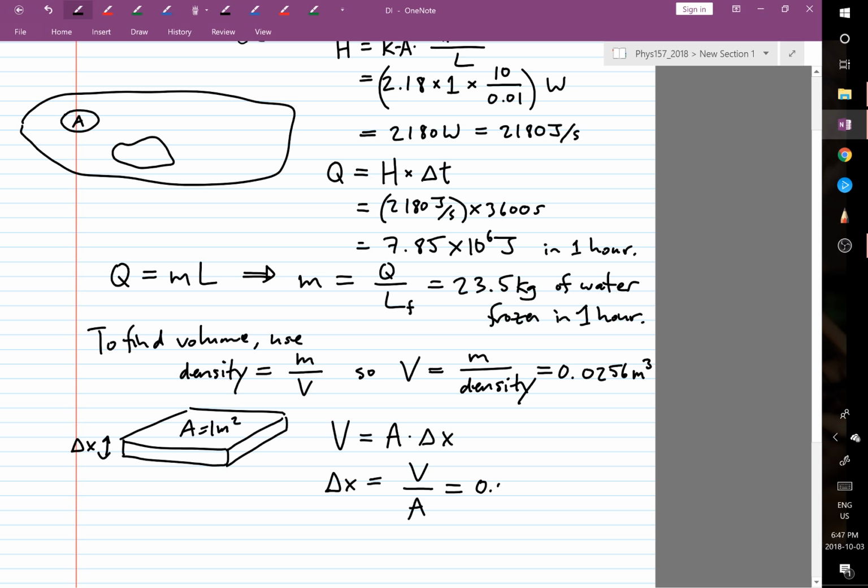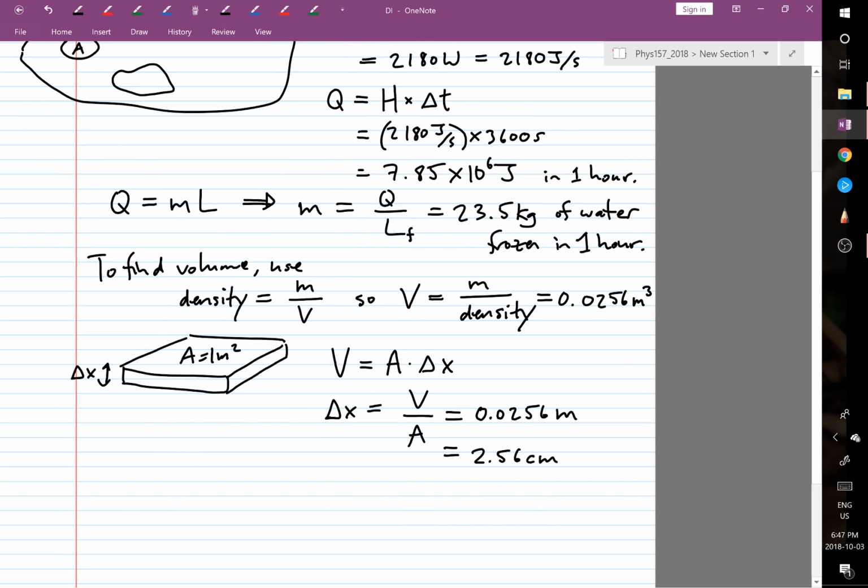So we get 0.0256 meters, and converting that to centimeters, it's 2.56 centimeters. So at the start, we're adding ice at a rate of 2.56 centimeters per hour.